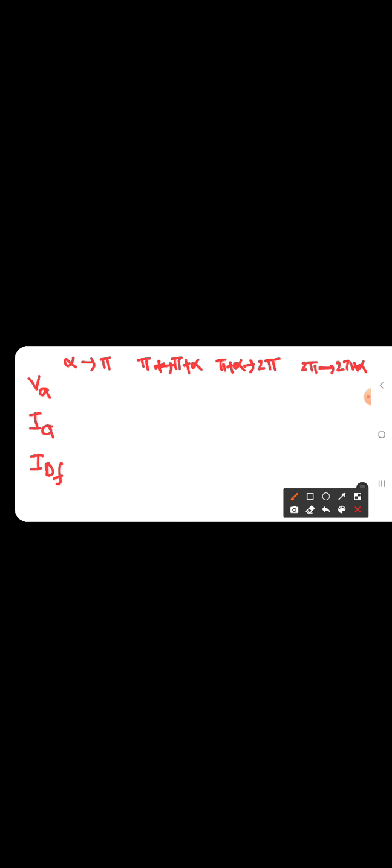What is Va from alpha to pi? It is VLN. From pi to pi plus alpha, it is 0, because the freewheeling diode is operating. Hence output voltage VA is equal to the voltage across the freewheeling diode, and as the freewheeling diode is a short circuit, the voltage across it is 0.